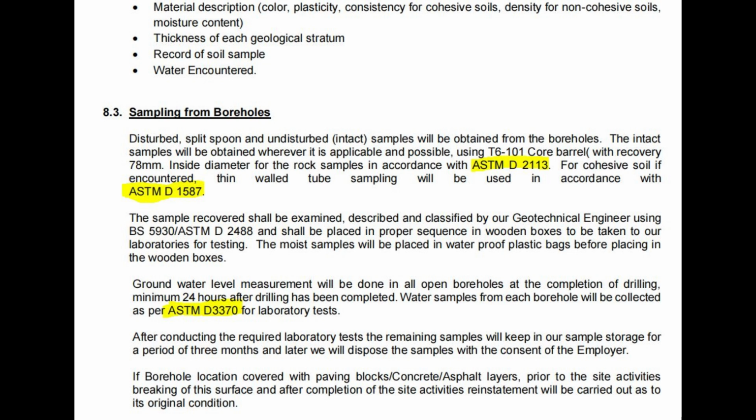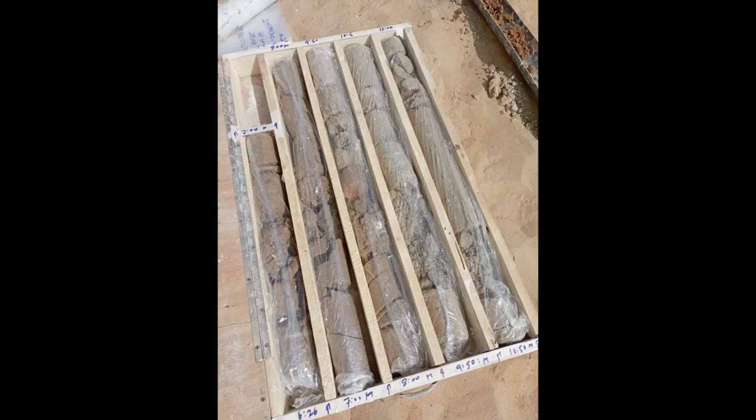Material description, color, plasticity, consistency for cohesive soil, density for non-cohesive soil, moisture content, thickness of each geological stratum, record of soil sample and water encountered. Okay, so there are some details you can check. I have done it for you. You have to read it thoroughly for more details on the SPT test.